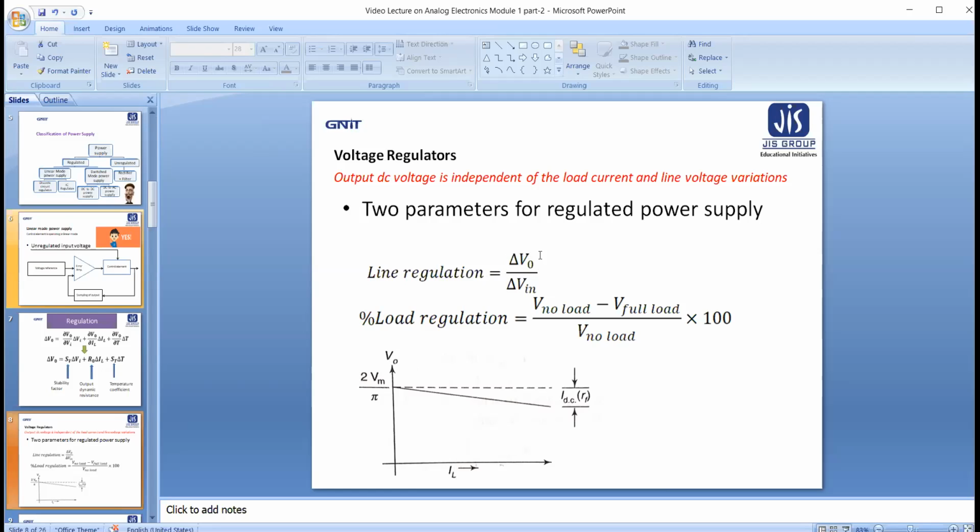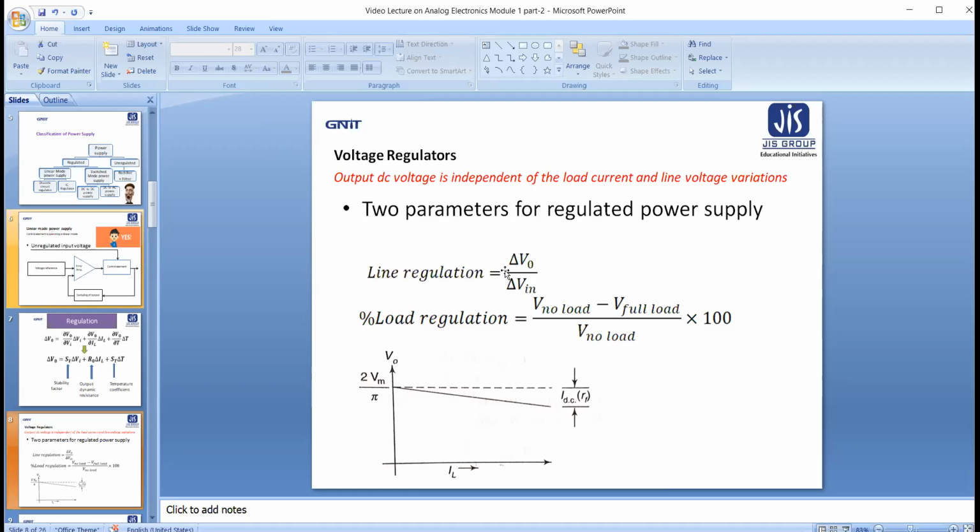If you look very carefully, with the change in the input or the line voltage, there is a change in the output voltage. How much the output will change for a unit change in the input voltage is measured by line regulation. Again, I am reiterating, line regulation is defined as the change in the output voltage per unit change in the input voltage.